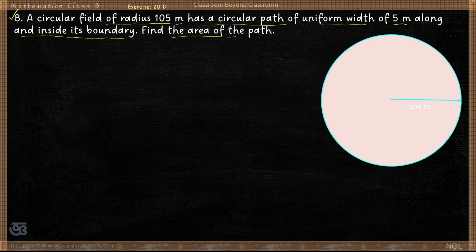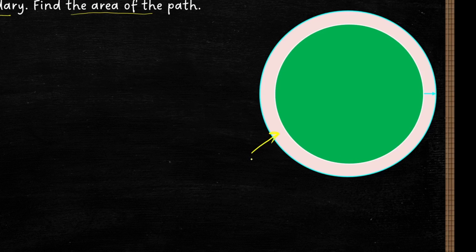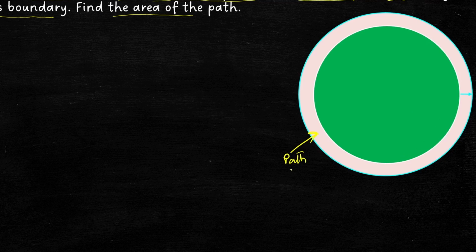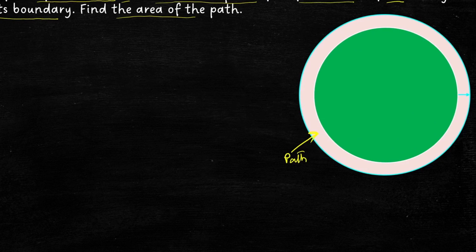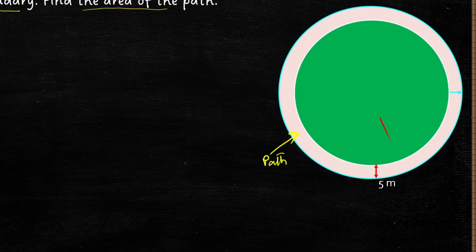So actually this is the original circular field, but within this field, this smaller circle is the actual field, and this is the path of width 5 meter. So the radius of the bigger circle is 105 meter, and the smaller circle radius is 100 meter.